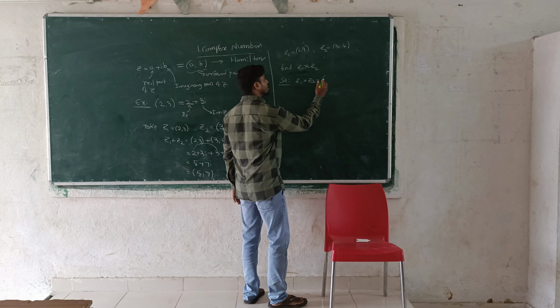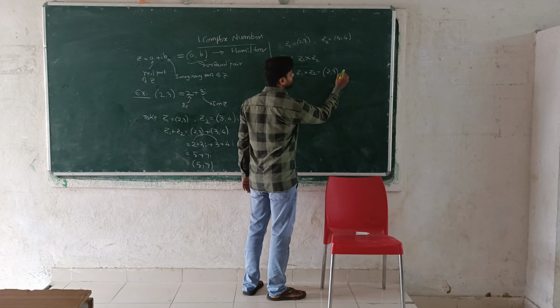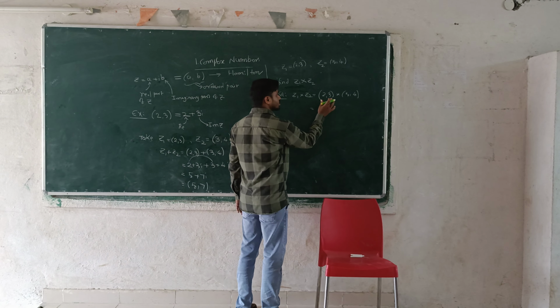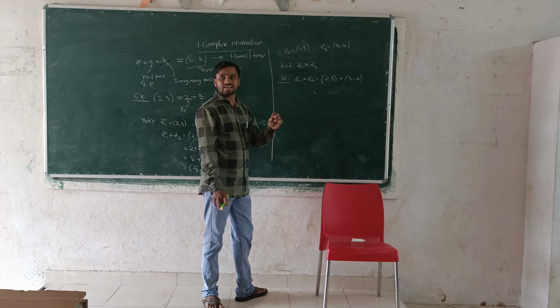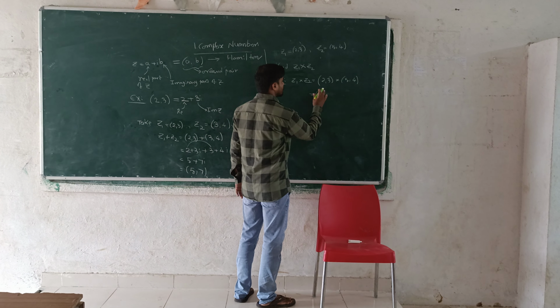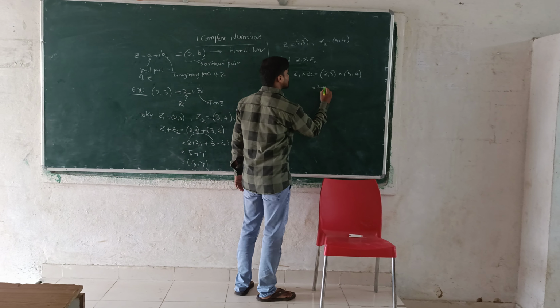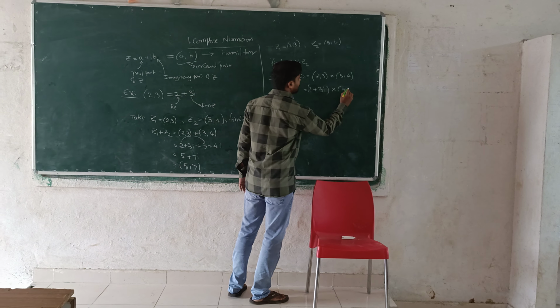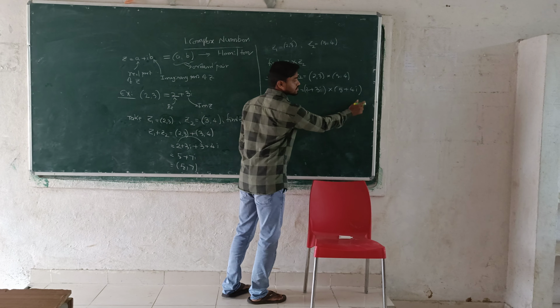What is Z1 here? 2 comma 3 into 5 comma 4, okay. So this 2 comma 3 is in ordered pair form, so write it in the simplest form, that is 2 plus 3i into 5 plus 4i.